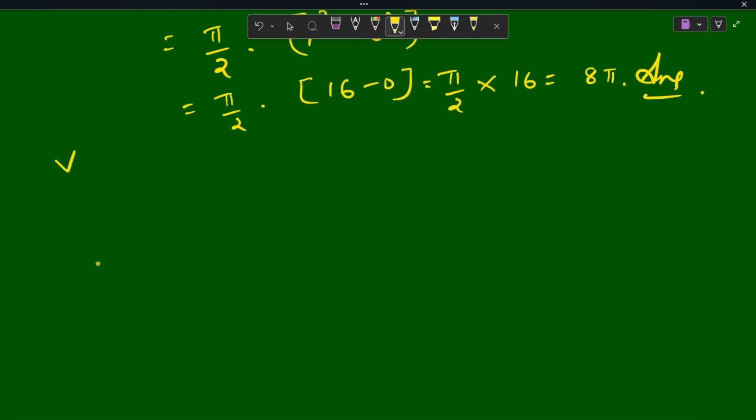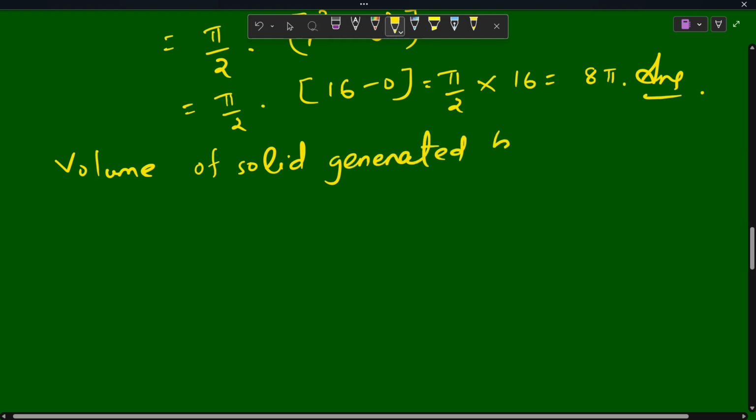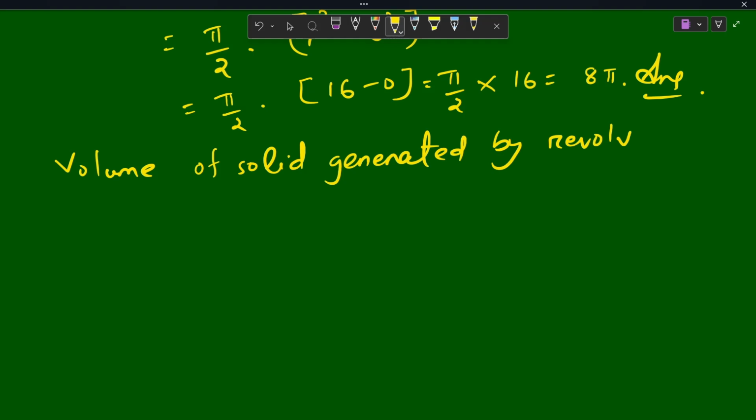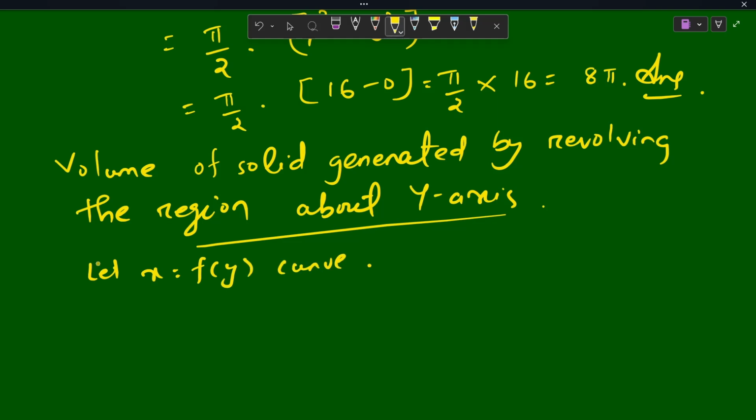So let's write down the theory. Volume of solid generated by revolving the region about the y-axis. Let x equal to f of y be a curve, and we are revolving the region.